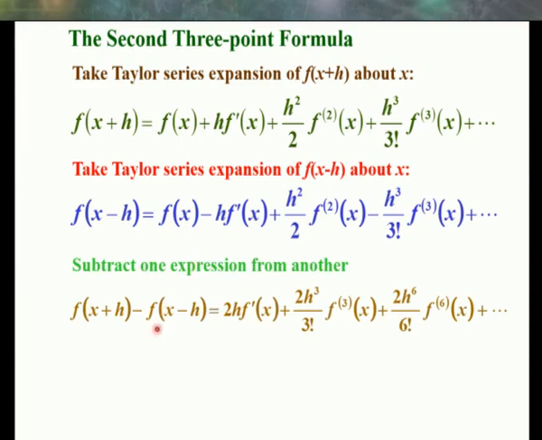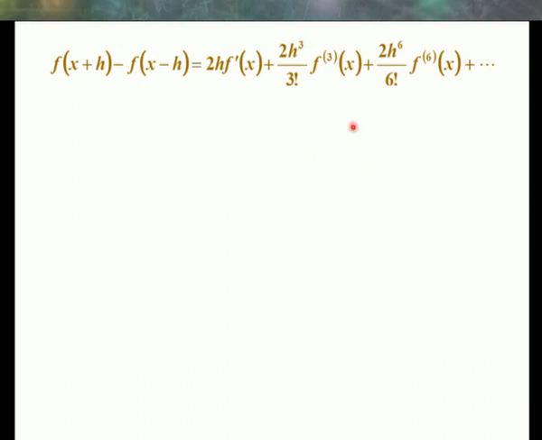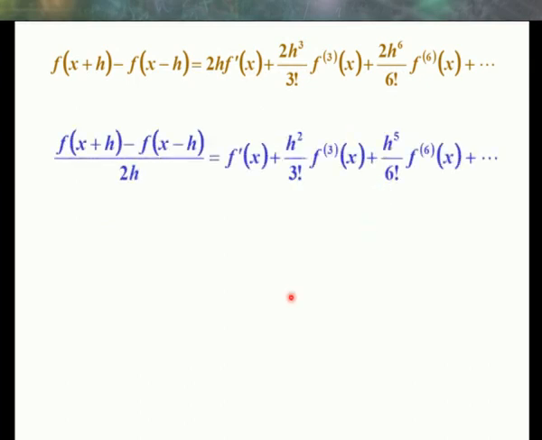I get the function value at right point x plus h minus function value at the left point x minus h, that is 2 times h function value, the derivative value with the error term. Once again the same thing you have. Now, if I divide by 2h, from this equation divide by 2h, I can get the first derivative plus the error term is equal to this formula.